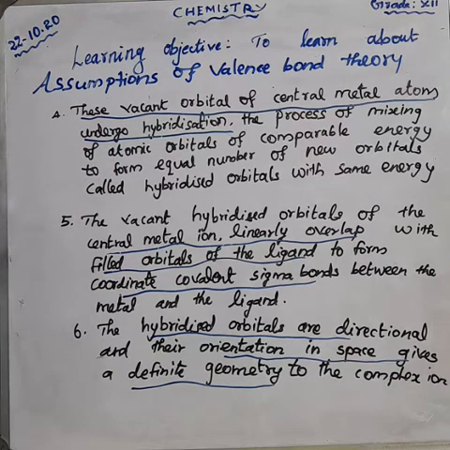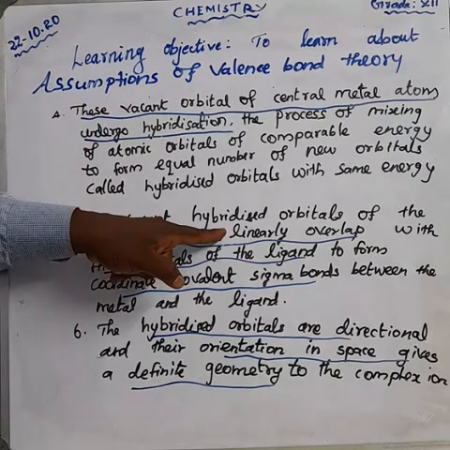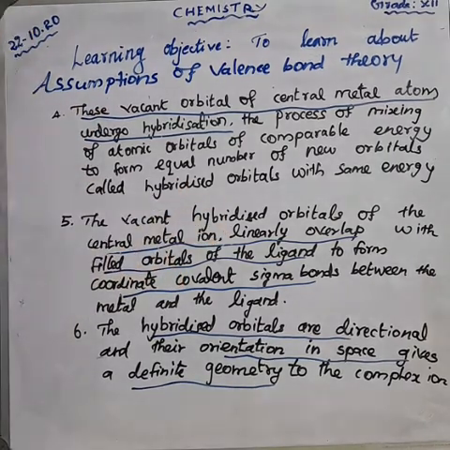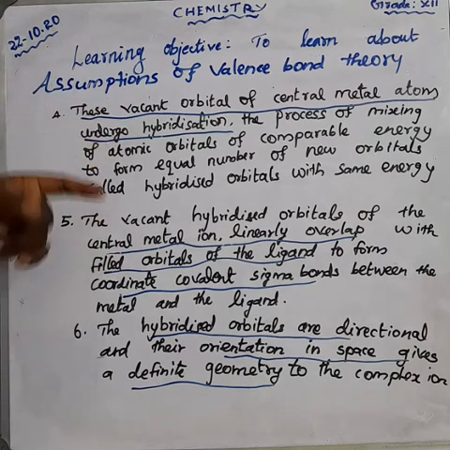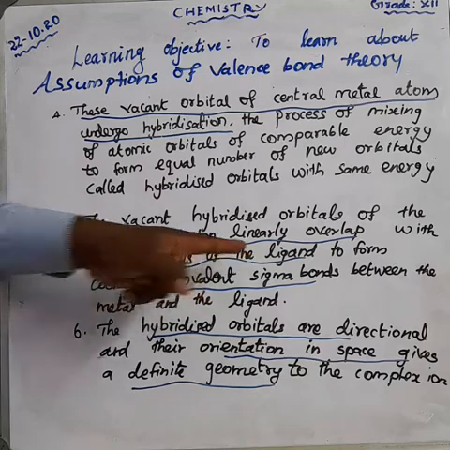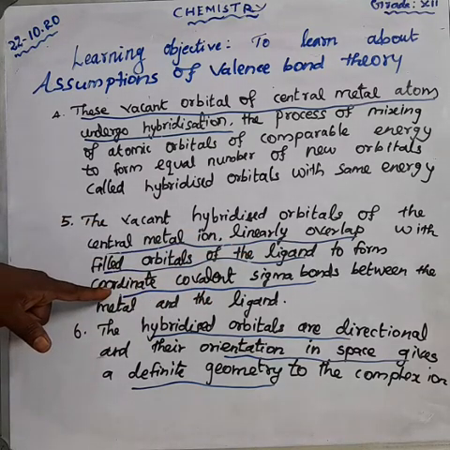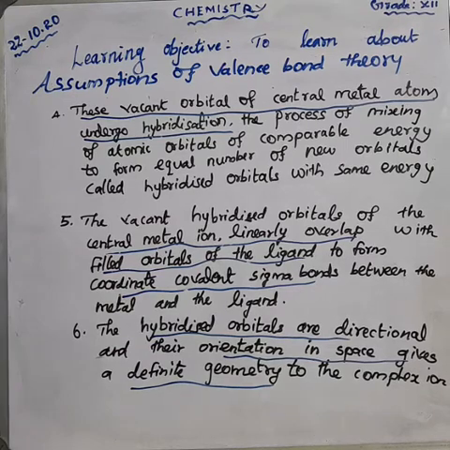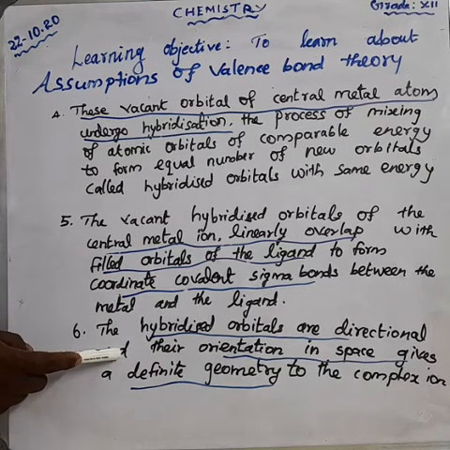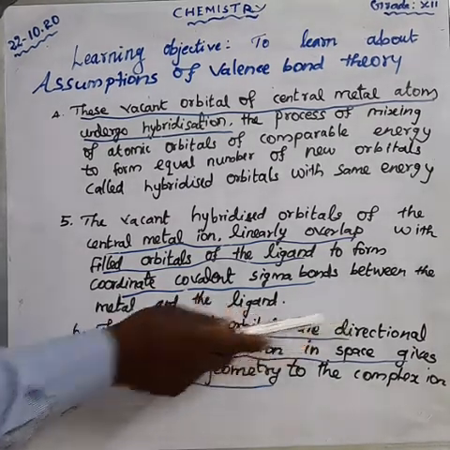What is the fifth point? The vacant hybridized orbitals of the central metal ion linearly overlap with filled ligand orbitals to form a coordinate covalent sigma bond.